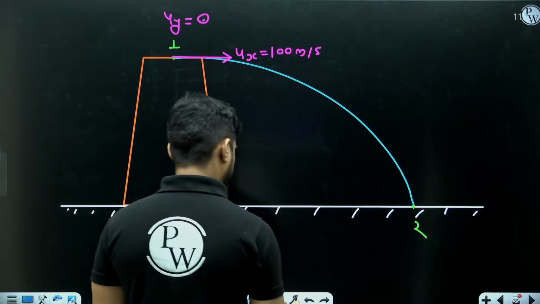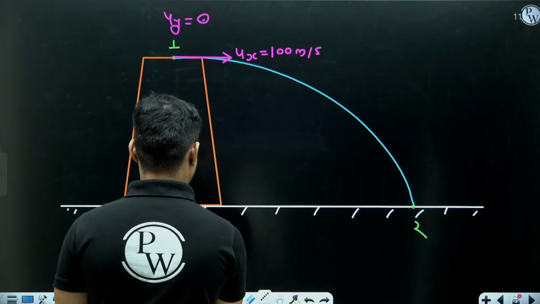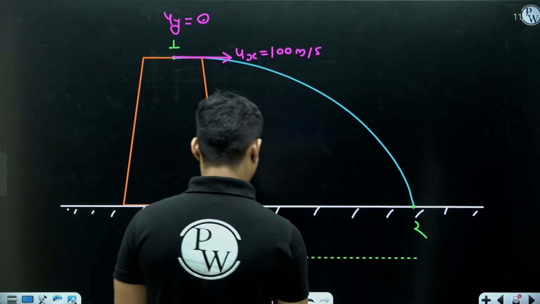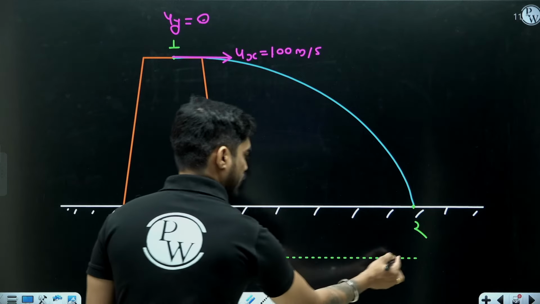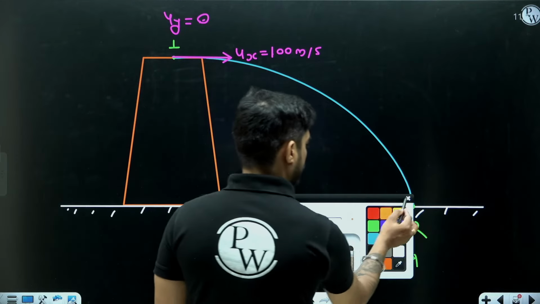We need to find this distance. Let me call it Sx. So how do we find Sx? Very simple.